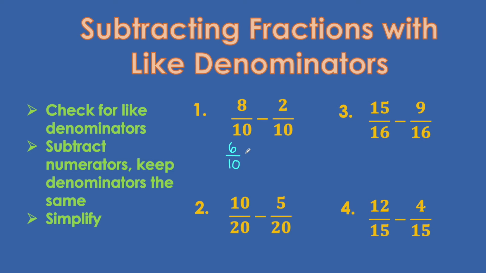Now we want to simplify. And when we simplify, we're essentially finding the greatest common factor. Basically, a number that will go into 6 and 10, or whichever 2 numbers you have in the numerator and the denominator, that won't give you a remainder.